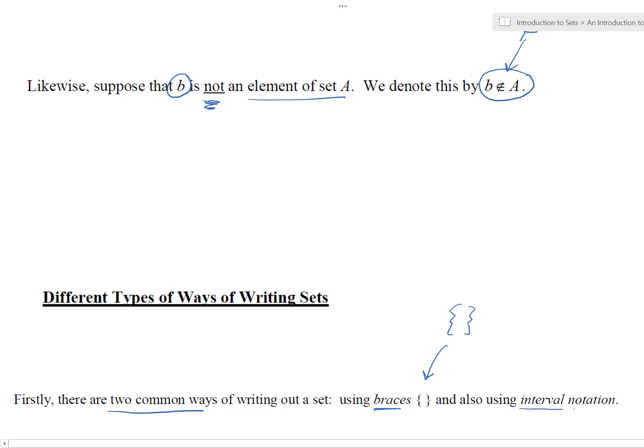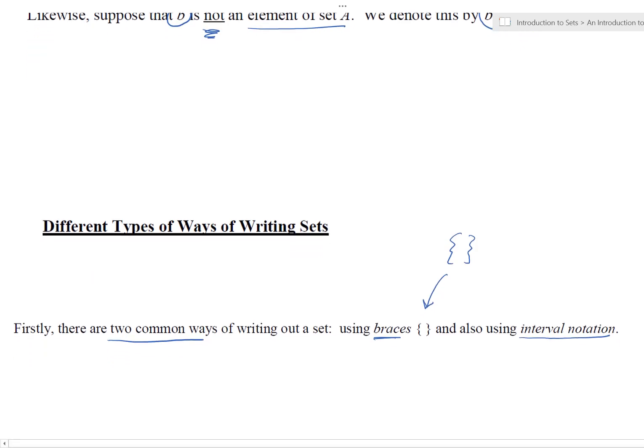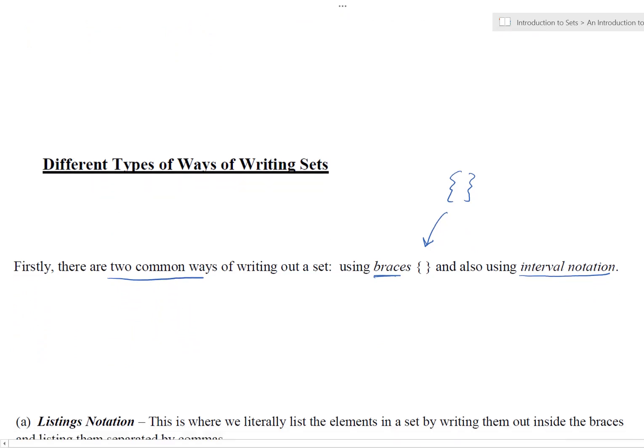We also use interval notation. There's another entire video on interval notation in the math folder. So if you want to know more about that, you can. But we're going to focus on using the braces right now because, if you may recall, interval notation is reserved for collections of real numbers. So we're going to wait for another video on more on this.